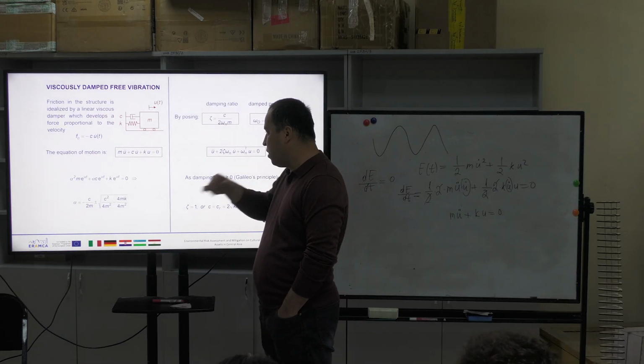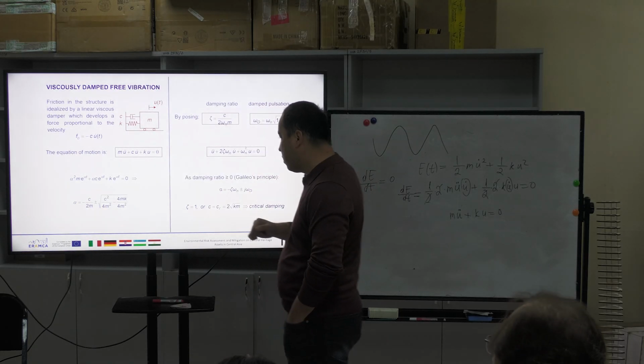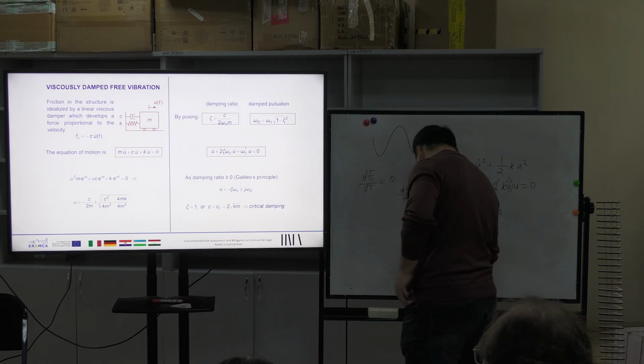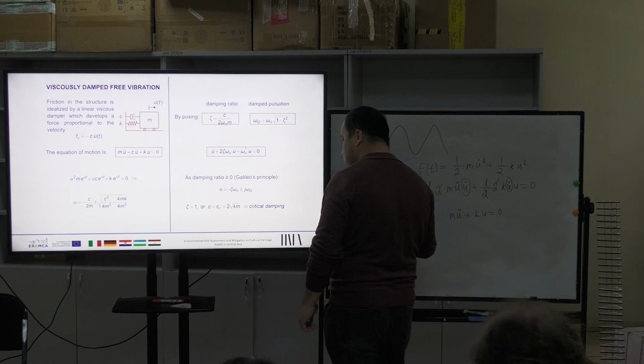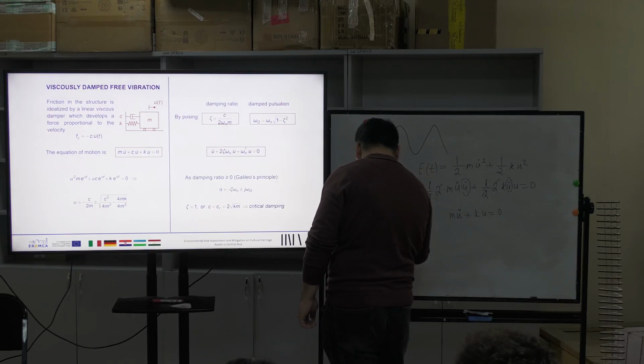If we have u, it is something like this: u is equal to e to the alpha t.